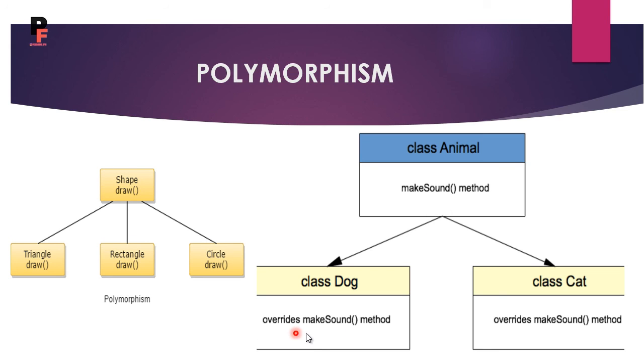For example, a dog does not make a sound like a cat and a cat does not make a sound like a dog, but they override the make sound function. So this is polymorphism, meaning in the base class or parent class we have a member function make sound, and then we override that make sound function in our child class. So this is polymorphism.